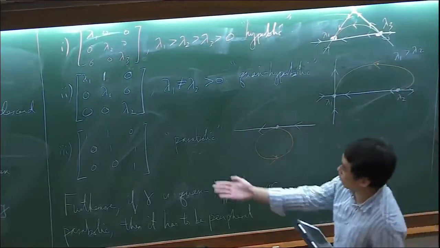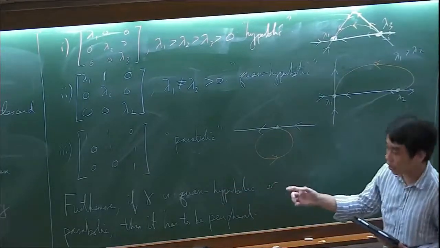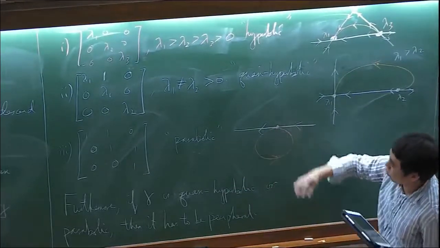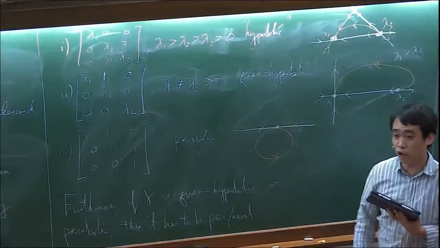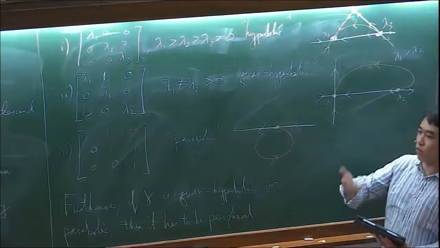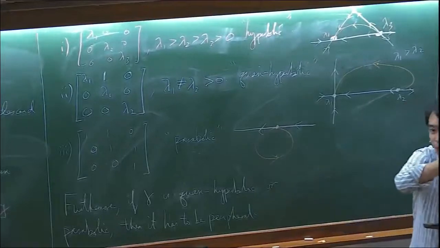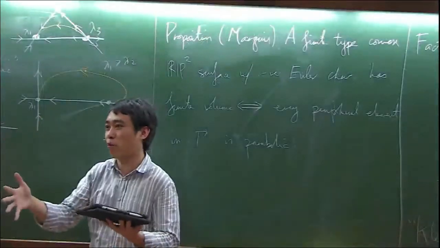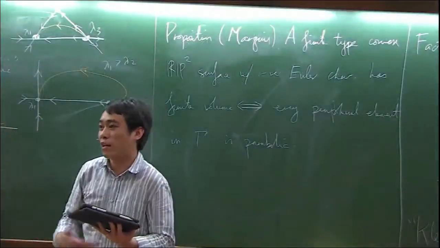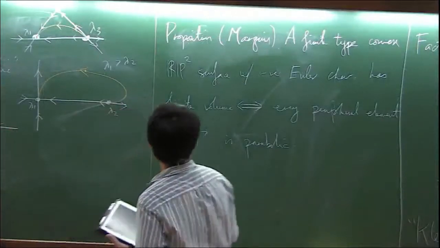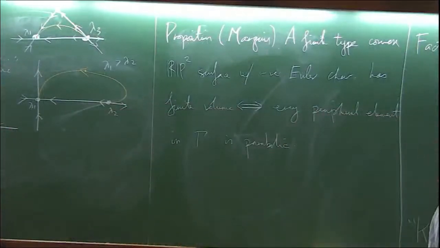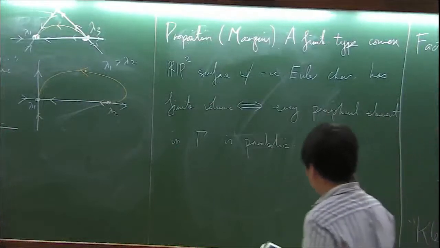Okay? And then you show that in the case when you're parabolic, you can find an upper bound for the volume of the end, which is independent of what the rest of the surface looks like. Okay? And so when all your ends are parabolic, the volume is just the volume of a compact piece plus the volume of finitely many ends. Okay? And so therefore that will tell you that it's finite volume. Okay?